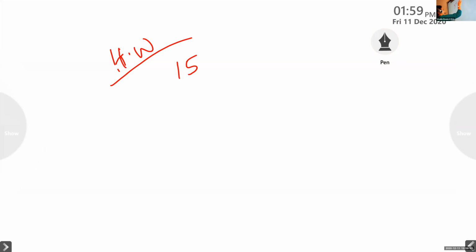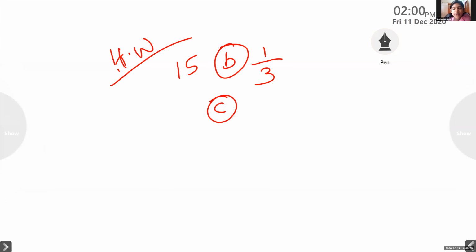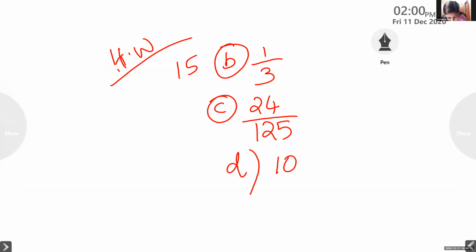15A we have done in the class. B was homework. 2 by 7, 1 by 3. Ma'am, I saw in the notes they are using the method of multiplying and then getting to the lowest term. Ma'am, but I wrote in my workbook in the cutting method.